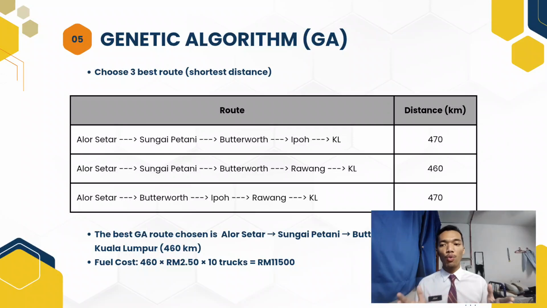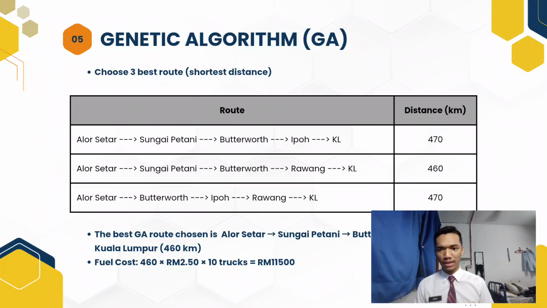For instance, we might take the first half of the second road and the second half of the first road. After that, we introduce mutations by randomly swapping stops. These genetic operations generate new variations of routes, and we repeat the process over several generations until the algorithm converges on an optimal solution.